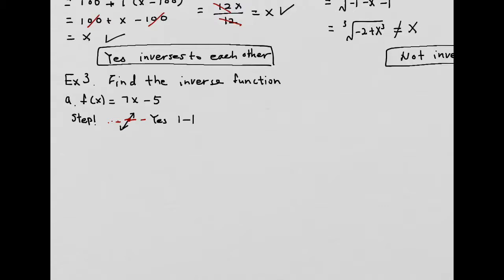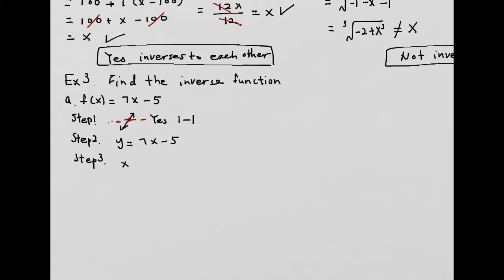And because it's a one-to-one function, you should be able to find the inverse function. In order to find the inverse function, first you need to verify it's one-to-one. Second, you replace function notation with variable y. Then step 3, you replace x and y places.